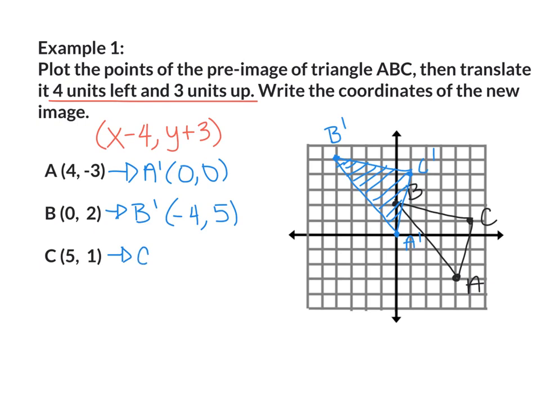Now for C prime, I have 5, I subtract 4, that gives me 1. I have 1, I add 3, that gives me 4. So those are my new coordinates. So these triangles are congruent because they were translated.